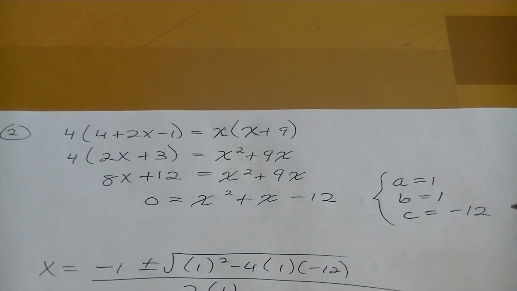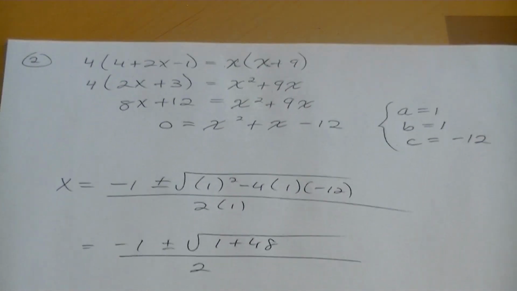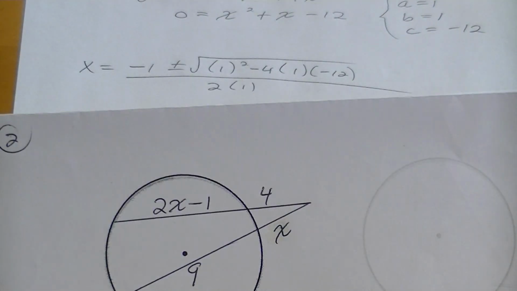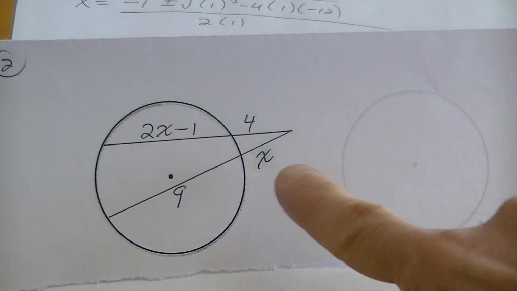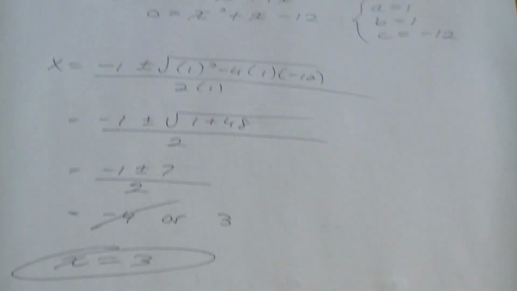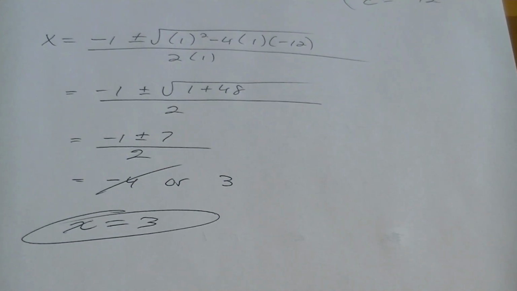So these are my ABC terms for the quadratic formula, which looks like this. And once again, I got two answers, and sometimes that's fine, but in this case, one of them was negative 4. And when I look at that picture, I know this segment length can't be negative 4. So the only answer that makes sense is x must equal 3.